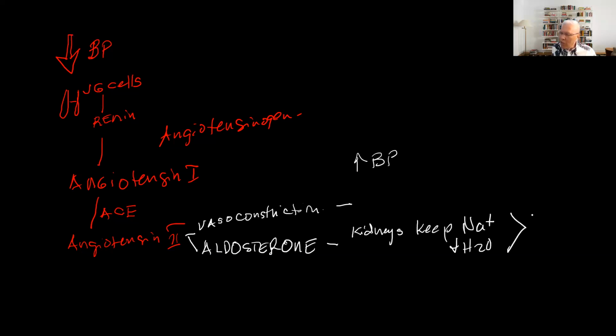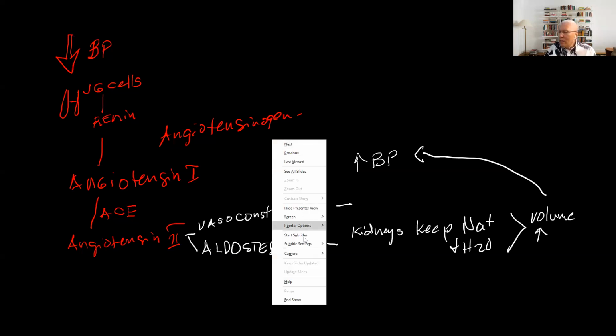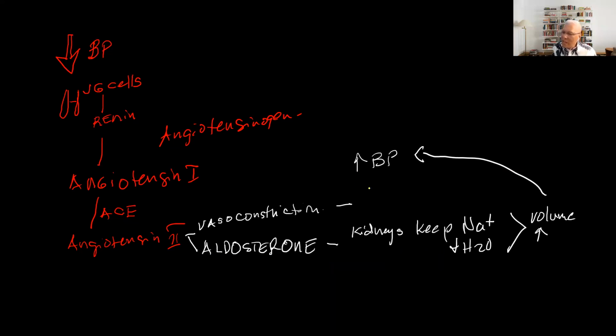And so the volume is going to go up, and therefore this also causes an increase in blood pressure. Now, one thing that is important as far as the action of aldosterone is concerned is that it also is going to excrete potassium.